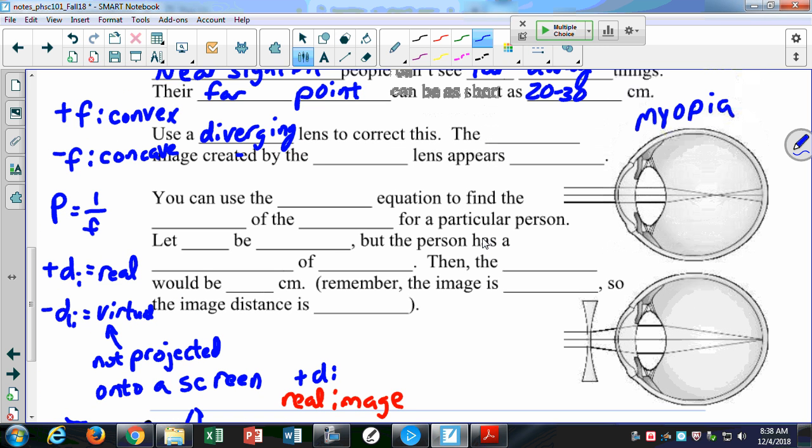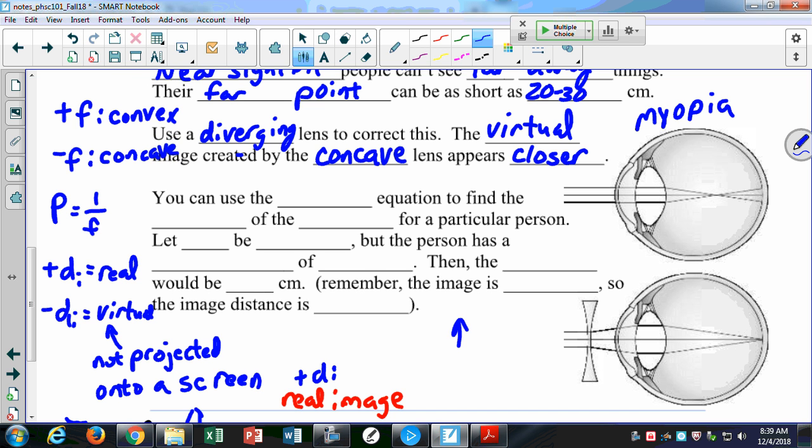So you can use a diverging lens to correct for nearsightedness. The virtual image created by a concave lens or diverging lens, remember those are the same, concave and diverging, appears closer. So what it's doing is, let's imagine that your real object is over here.